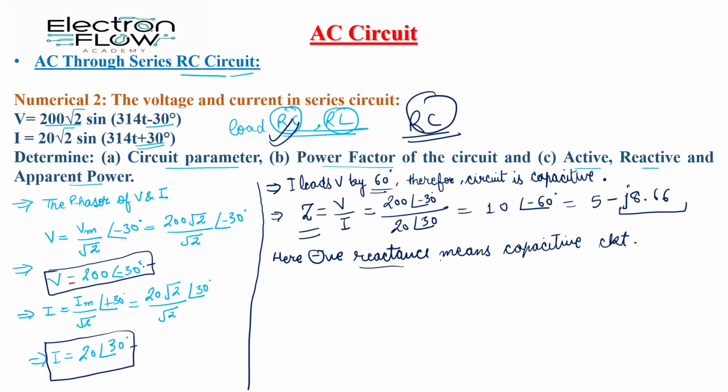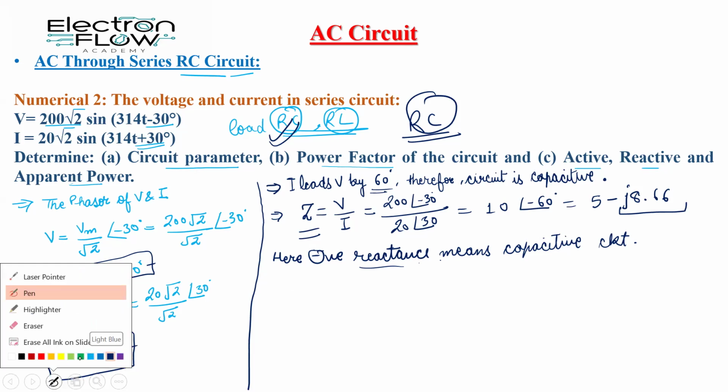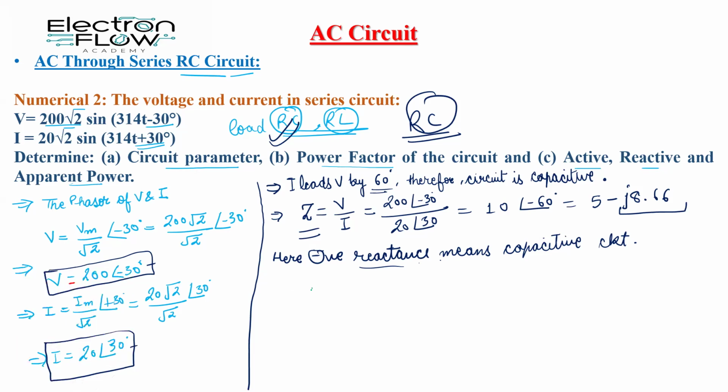From here we can find the resistance. We know Z is equal to R minus j XC. So the value of the resistance is 5 ohm, and XC is equal to 8.66. Now we can calculate the capacitance.